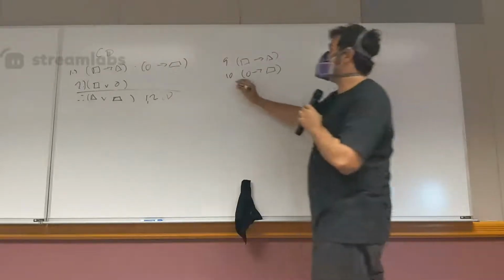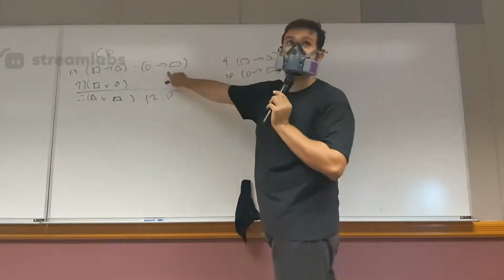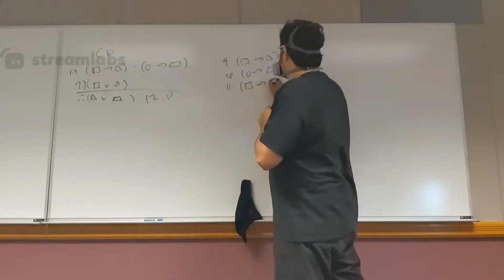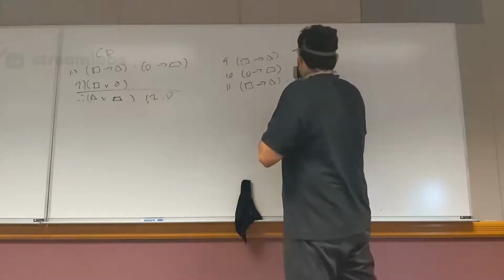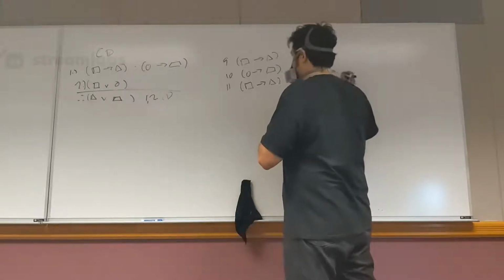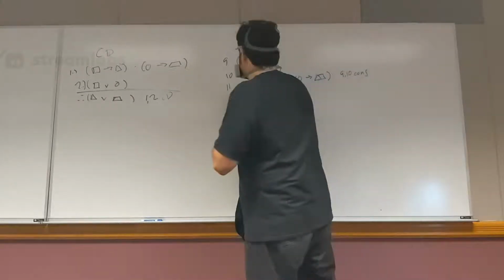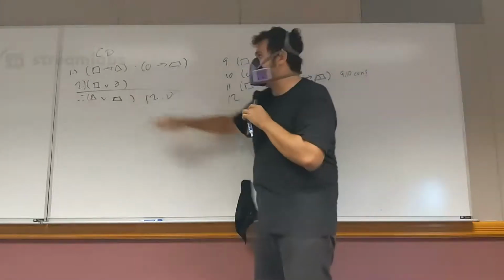That wouldn't work yet. What do I have to do to get them like this? Combine them with a conjunction. So once I combine them with a conjunction, then I can go back in with 11, 10. Exactly. CD. 9, 10 conjunction, 12, now then I'd do my CD from that, from that and something that looks like this.